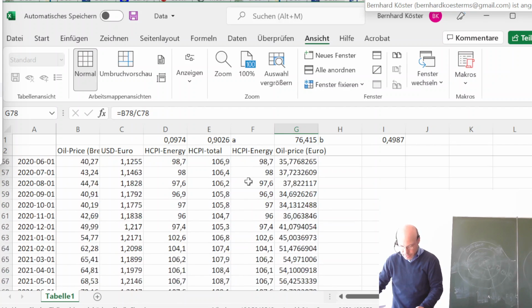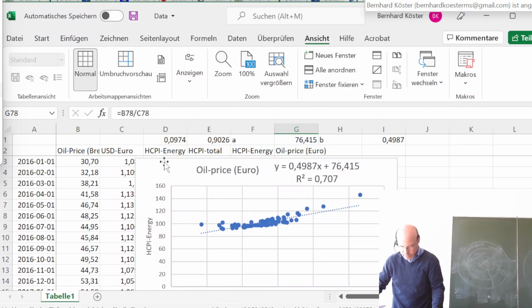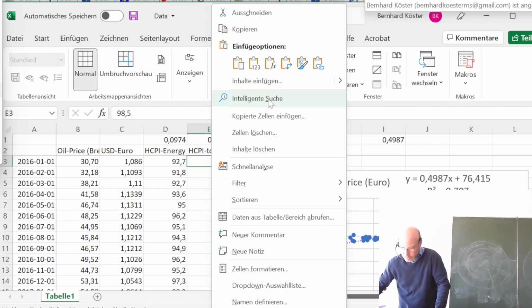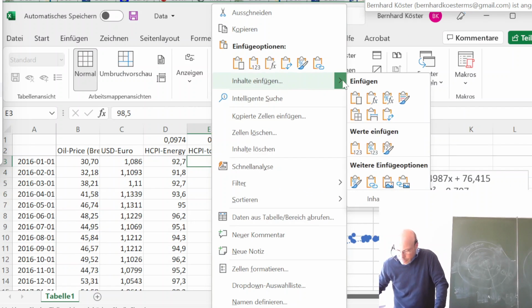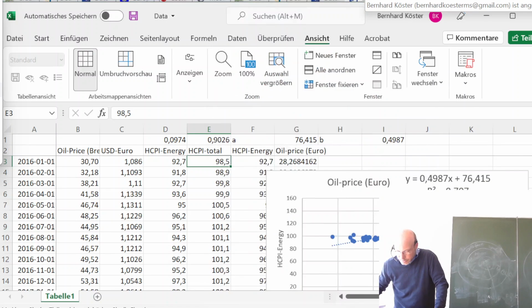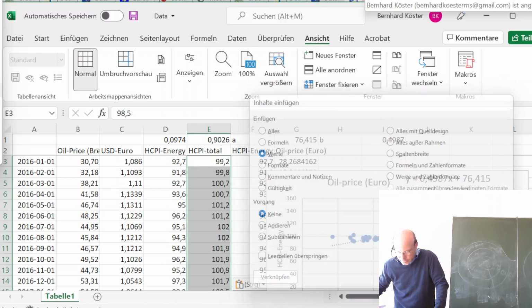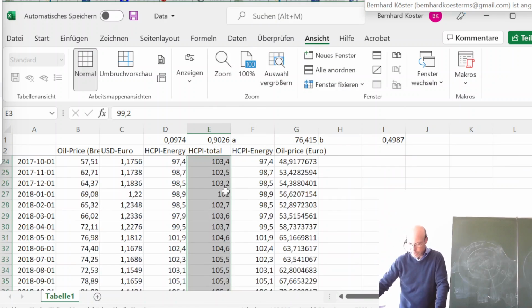So within our data and HCPI total, putting in the data, we have again to transpose the data, and here we are.